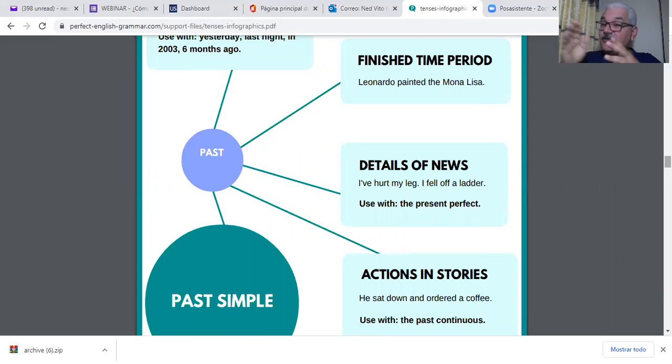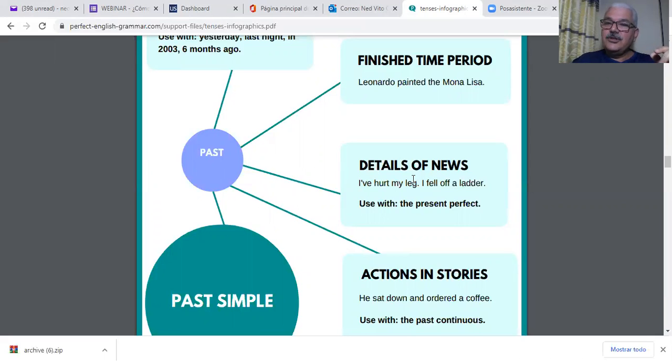Then, as a result of that, something happened with my leg, okay? But as you can see, I've hurt my leg. It's another action whose consequence is maybe being felt right now by the person who is speaking, okay?